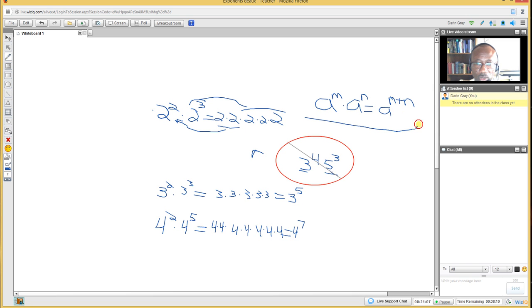And this rule applies to all of our values, whether they are numbers or letters, which are variables. It applies to all of them if we have the same base.